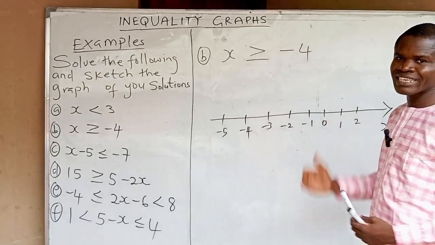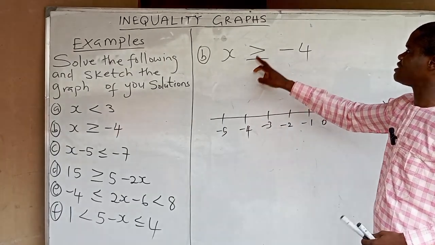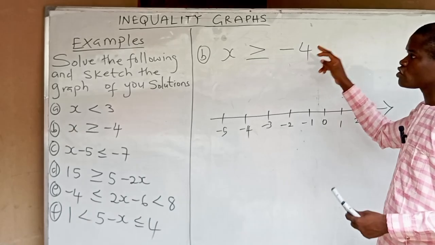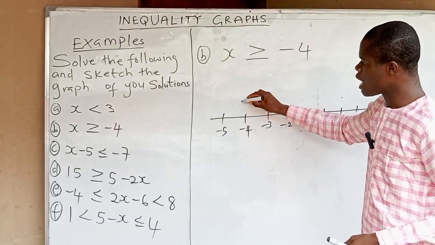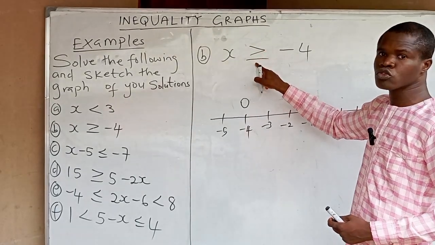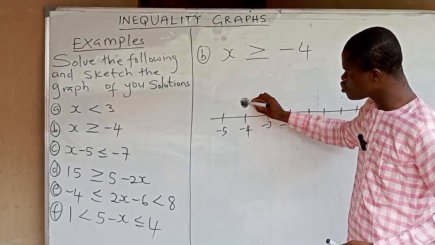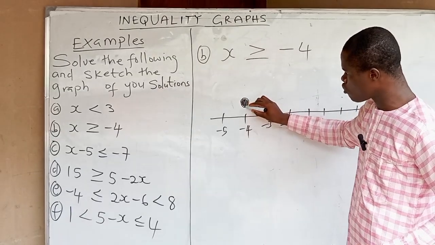Next is to indicate the boundary of the solution. The solution set says x is greater than or equal to minus 4. So we go to minus 4 and draw our circle. Because we are referring to greater than or equal to, we are going to shade the circle we just drew above minus 4.